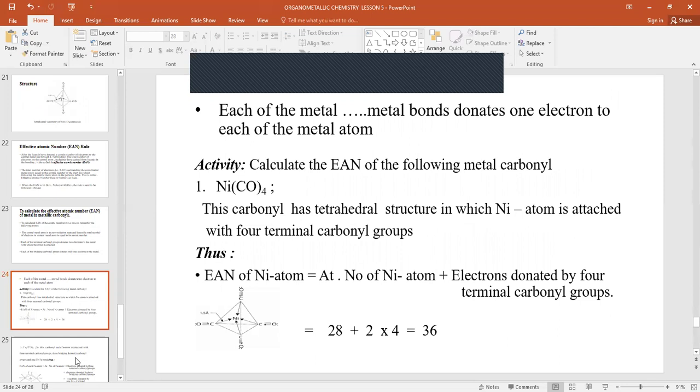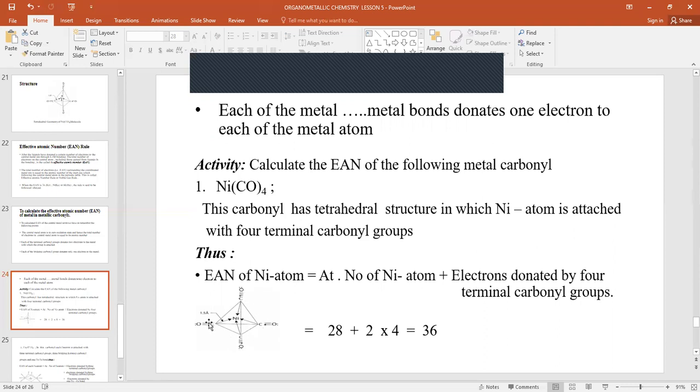Let us have an activity. Calculate the EAN of the following metal carbonyls. Number 1 is nickel tetracarbonyl. This carbonyl has a tetrahedral structure, in which the nickel is attached to 4 terminal carbonyls: 1, 2, 3, 4. Therefore, the EAN of nickel carbonyl is equal to the atomic number of the nickel atom plus the electrons donated by these 4 terminal carbonyls.